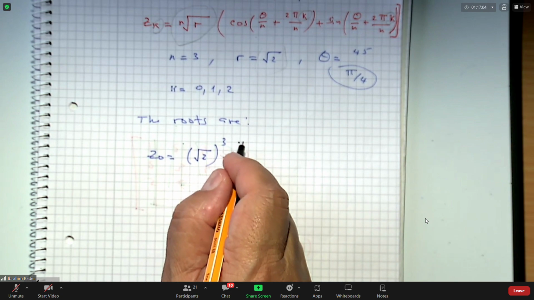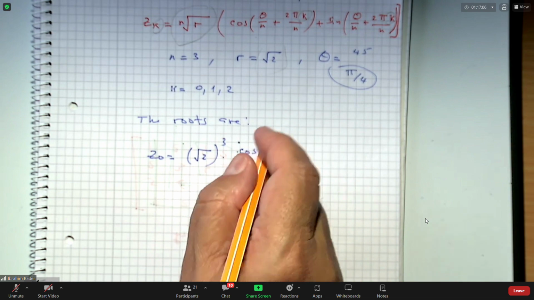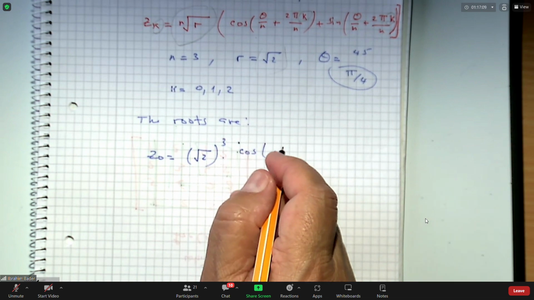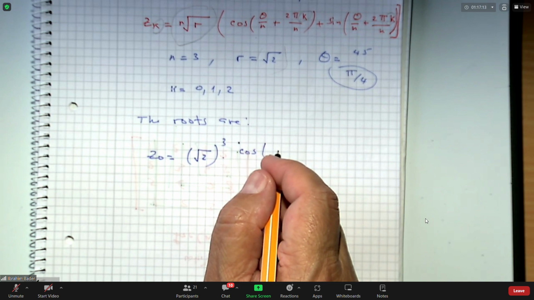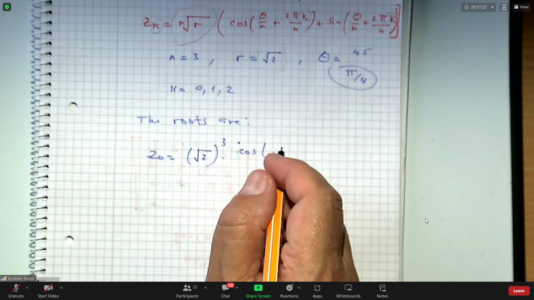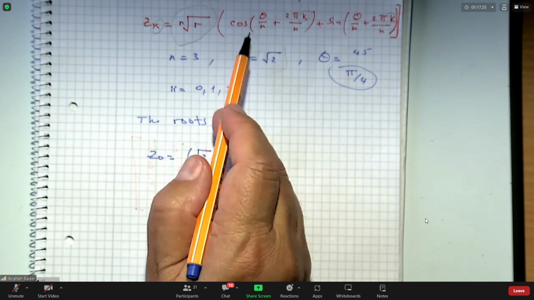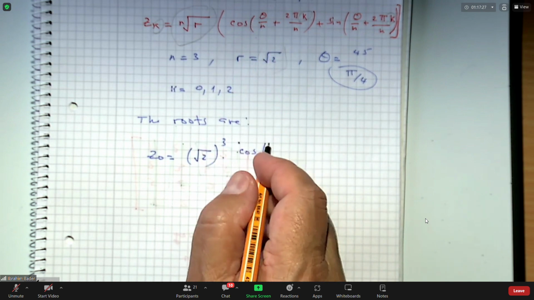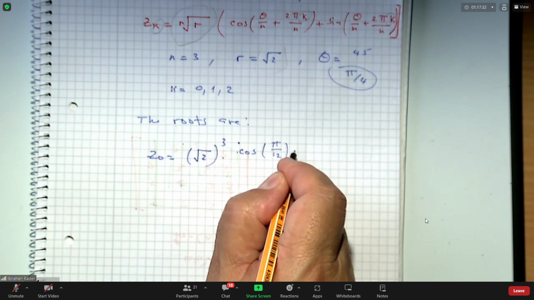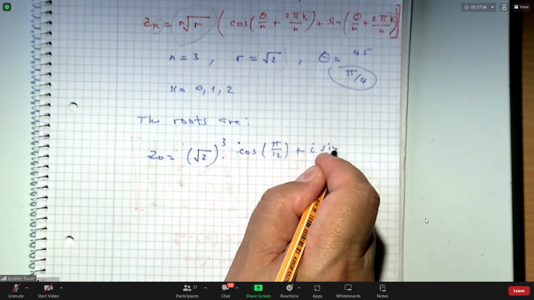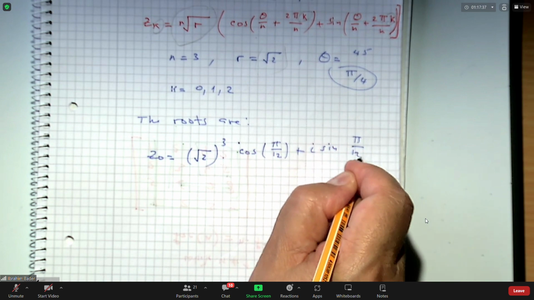Now here then we'll be multiplying, evaluating cosine of pi over 4 over 3, so pi over 12, plus i sine of pi over 12.